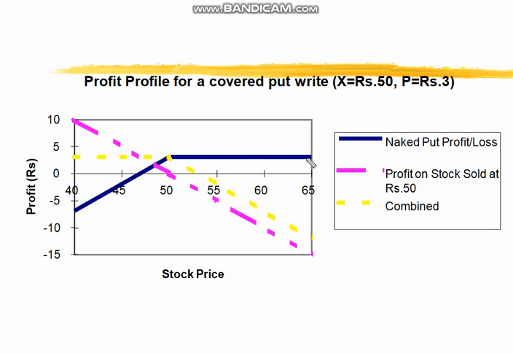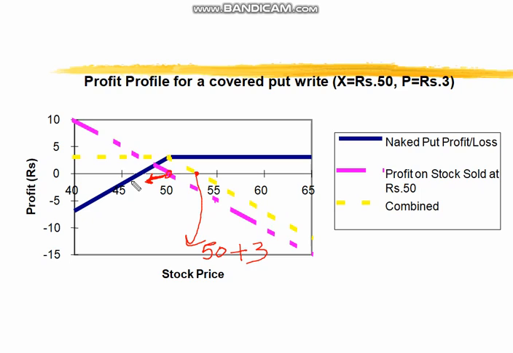Fine. Now the break even point occurs at what? At this point, and this is your futures price, that is 50 rupees plus the amount of premium. Fine. Now why do we take this strategy? The investor is interested in this strategy because he feels that the prices will remain somewhere over here, that is around 50 and somewhere here, right?